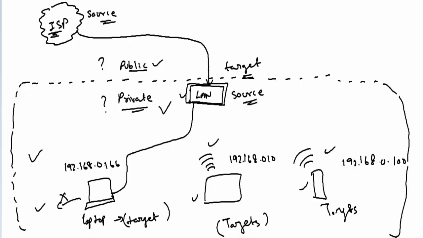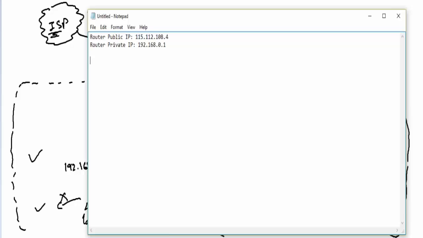Some manufacturers assign a different IP address, 192.168.1.1. It depends. Whenever you purchase your router, you will have to check the manual that comes with the router, and most of the times if you turn the router over, the default IP address would be written.